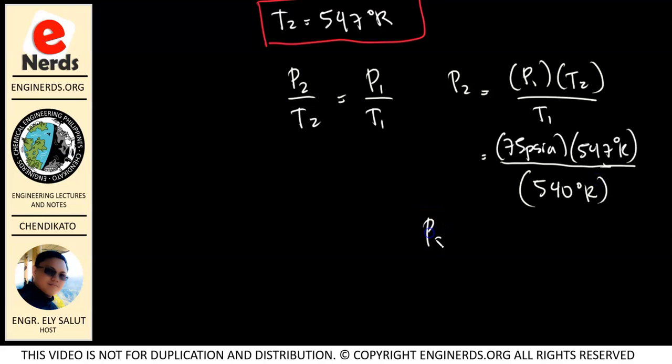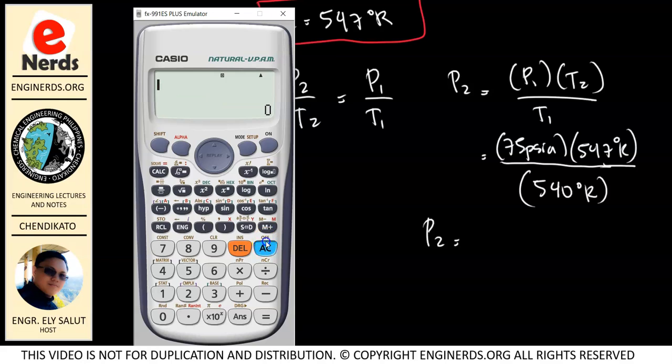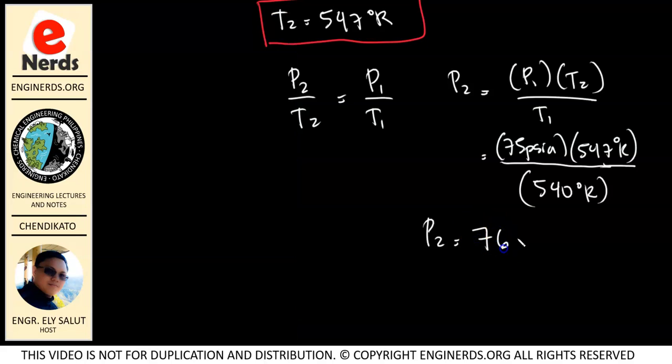So therefore our P2 is equal to 75 times 547 divided by 540. Our P2 is equal to 75.97, so we can say this is 76 psia.